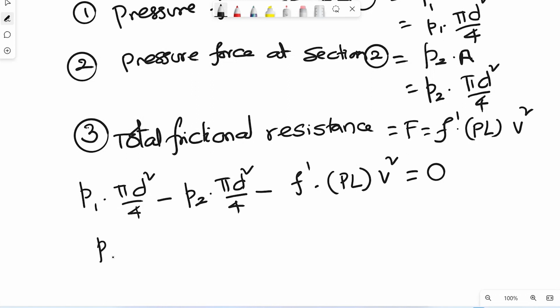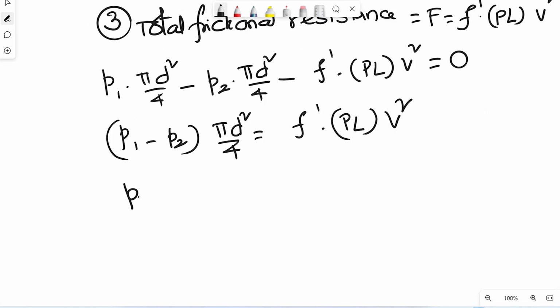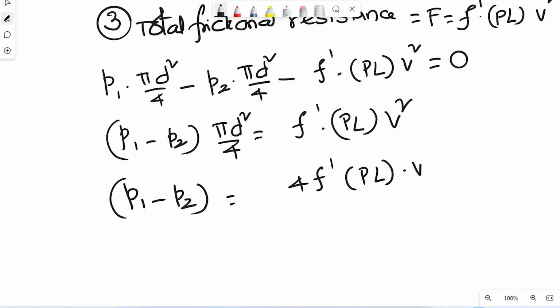Therefore, P1 minus P2 into pi d square by 4 is equal to F dash into P L into V square. Then again P1 minus P2 is equal to, if you take it on that side, 4 F dash P into L into V square by pi d square. Now, what is P?